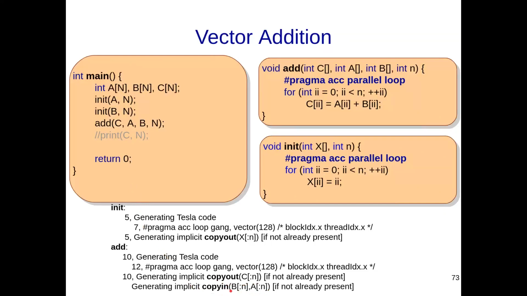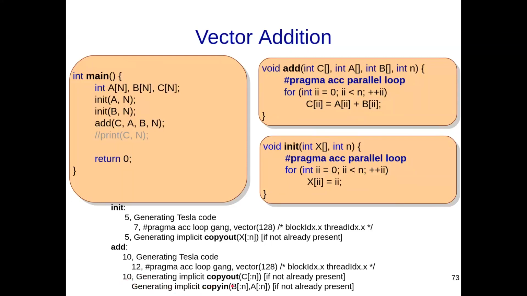Right. So copy in of B, this syntax we'll understand what that means. But essentially, it is trying to copy these many elements, let's say n elements of A and B. Copy in means it is copying from CPU to GPU. So this copy in, copy out are with respect to the accelerator. So it wants to copy in A and B. The order doesn't matter in this case, the copy out and copy in on line 10 that it is saying.